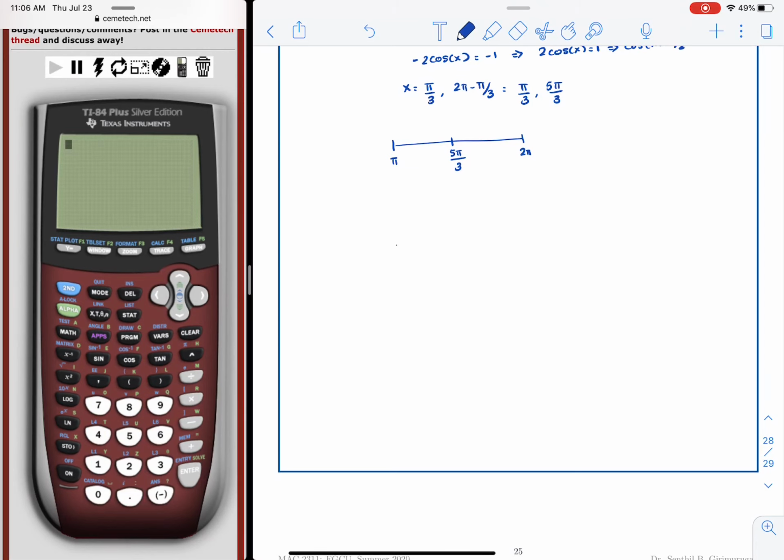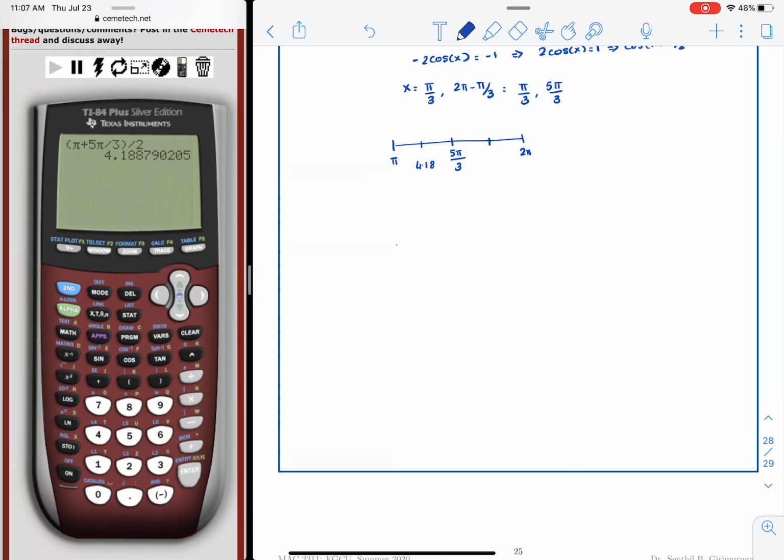We could get the midpoint between the two. So we could have pi plus 5 pi over 3 divided by 2. That is 4.18. So that value is probably here, 4.18. You can convert it in terms of pi if you want.